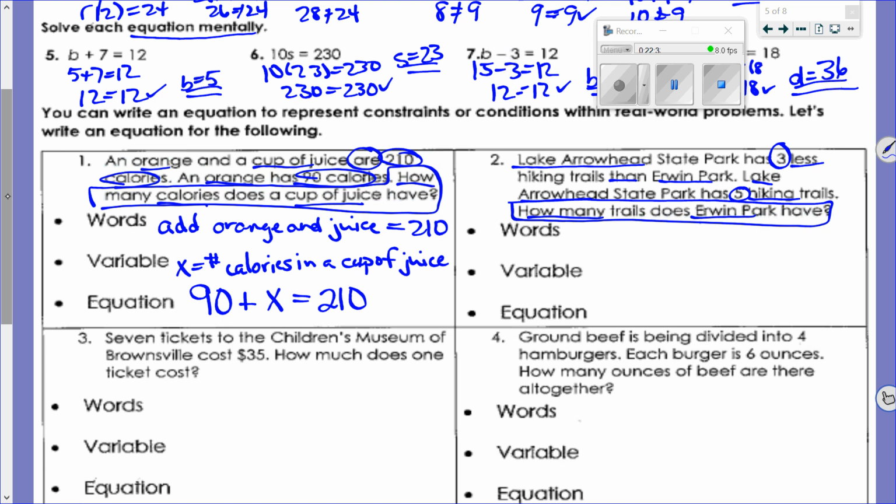What am I saying? Technically, in words, what I'm saying is, if I know Irwin Park, and I subtract 3, or add 3, has 3 less, no, subtract 3, then I find out what Lake Arrowhead Park has, right?